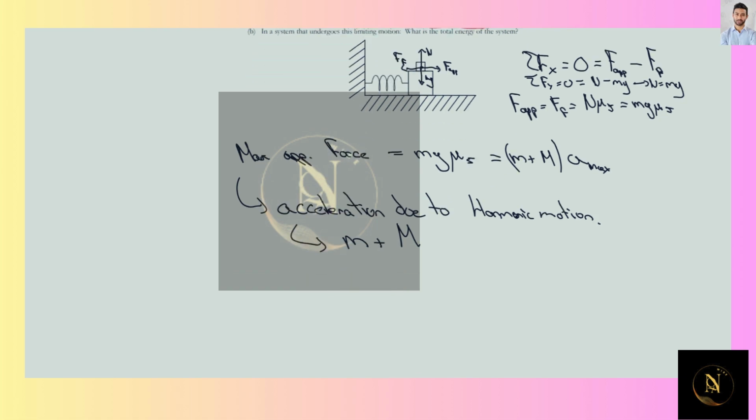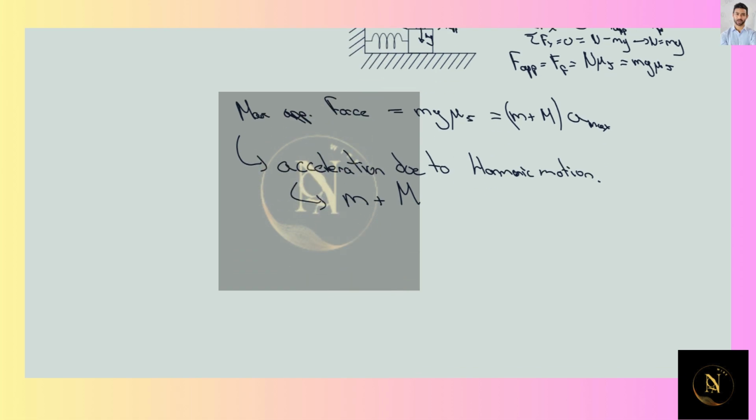So the maximum acceleration is equal to mg times the coefficient of static friction divided by m plus M.